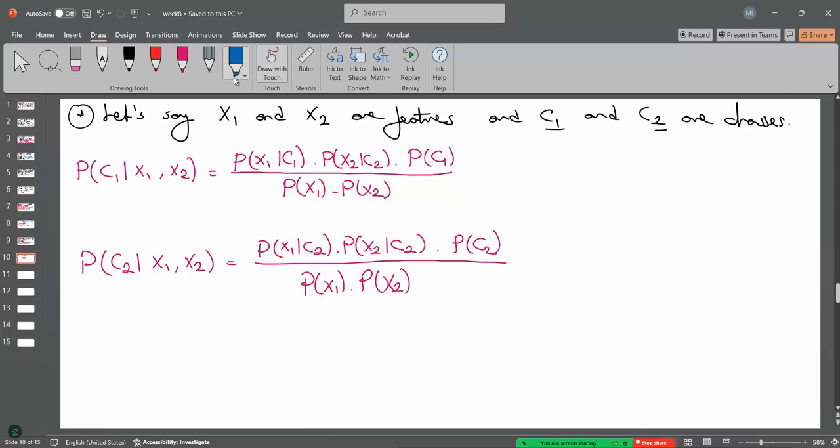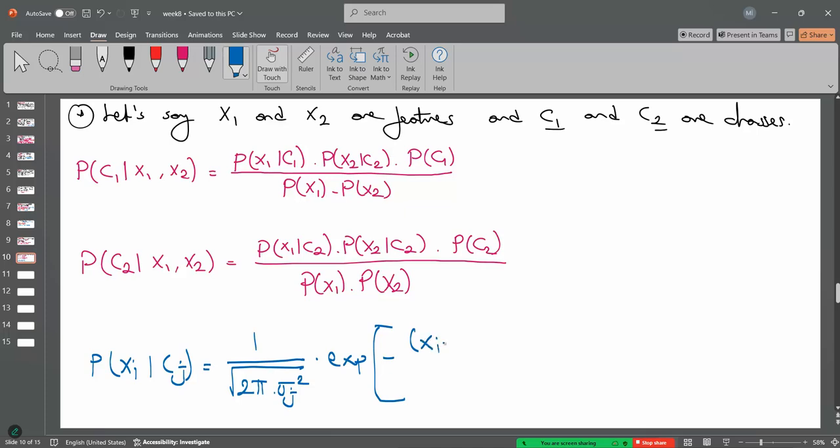And also we should write the likelihood: P(xi given Cj) equals 1 divided by the square root of 2 pi sigma j squared, times the exponential term. This is the normal distribution: minus (xi minus mu j) squared, divided by 2 sigma j squared. And so we can calculate the C1 probability and C2 probability for a given x1 and x2 based on these features.